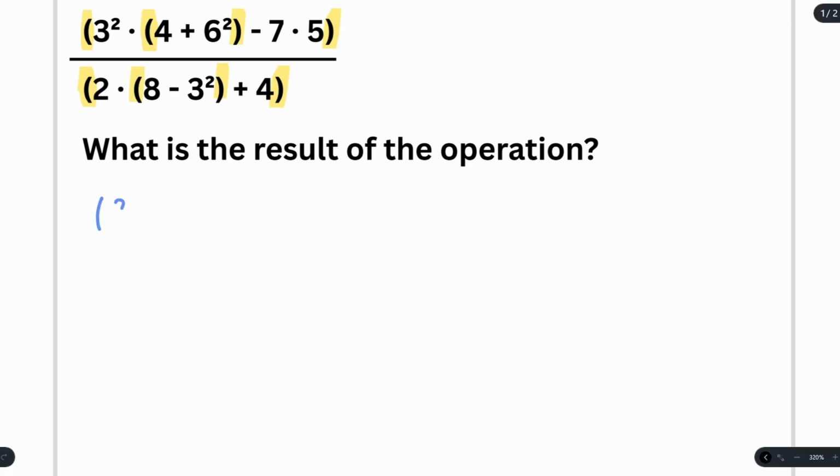So let's rewrite it. 3 to the power of 2 times, so let's do inside the parentheses, 4 plus 6 to the power of 2, which means 6 times 6, which is 36. We can actually just add 36 and 4, which is 40. So we have 40 here, minus 7 times 5.